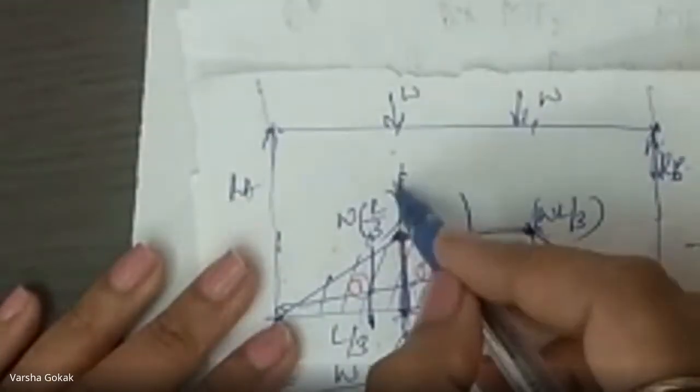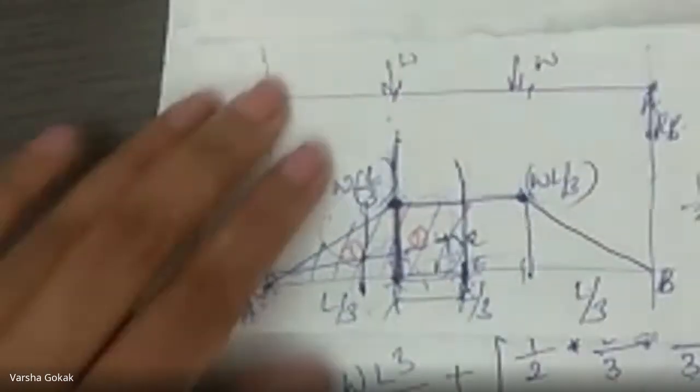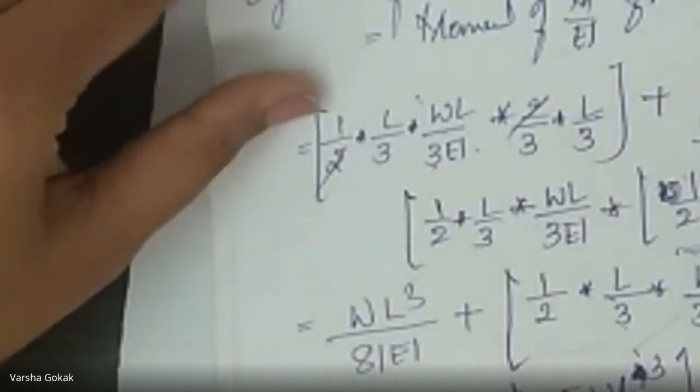We have to just take the moment of this diagram between CE about point C. When I was finding the deflection at E, I took this entire thing. When I want it about this, I will take only this area.